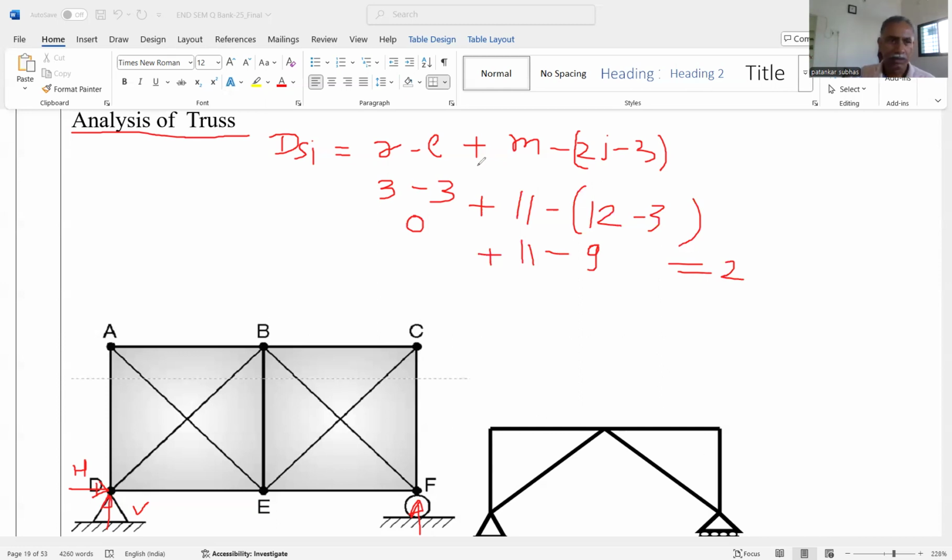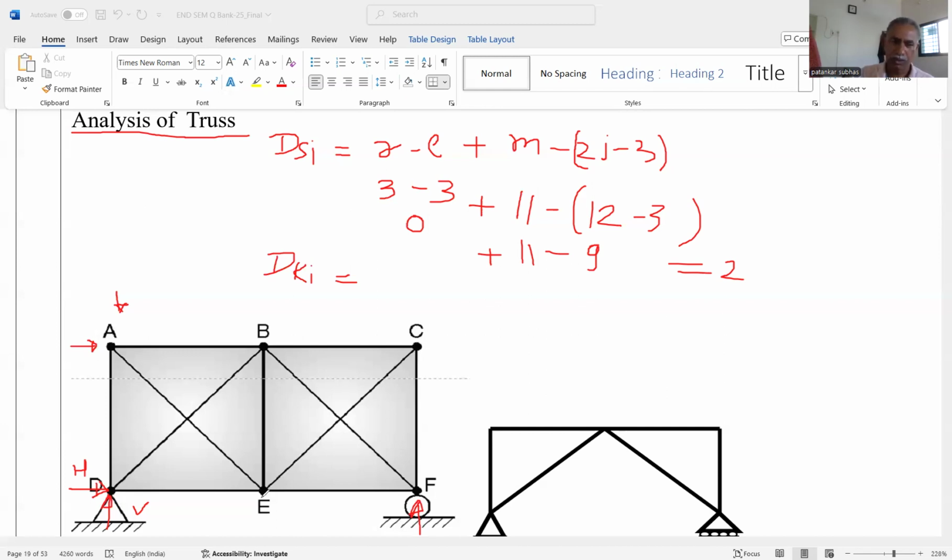Similarly, we can find the degree of kinematic redundancy, DKI, as we discussed in the previous lecture. In a truss, all the joints are pin connected, and that's why there are only two translations, one vertical and one horizontal at every joint. So at joints A 2, B 2, and C 2, total is 6.